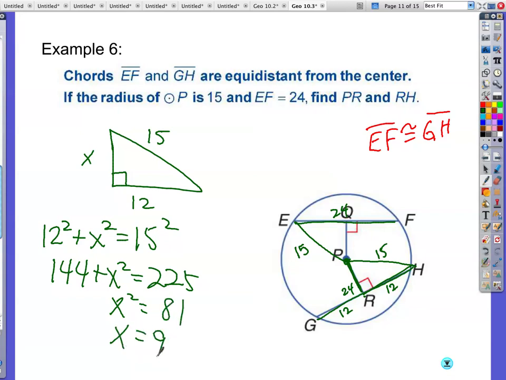I think that's a Pythagorean triple somehow in there. If you multiply one out, you've got it. So 9, 12, and 15. And then what else do I have to find? PR, which is equal to 9, and RH is 12.